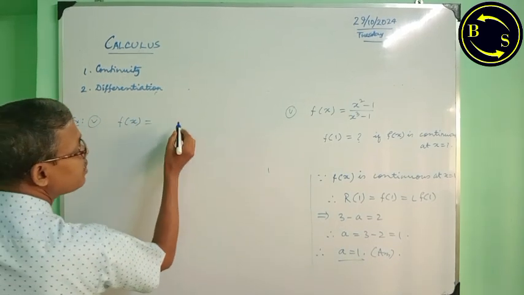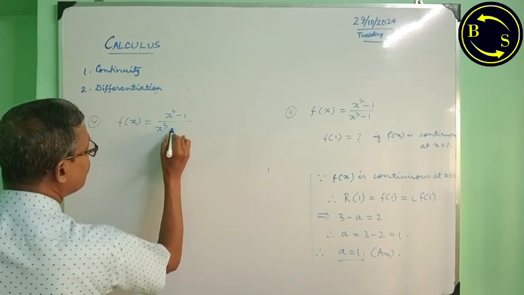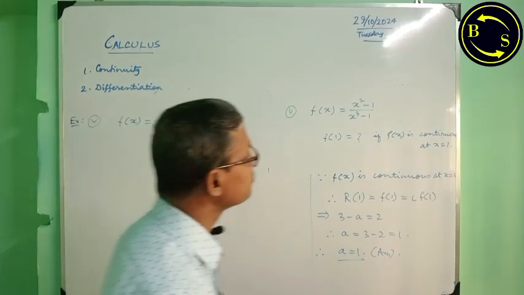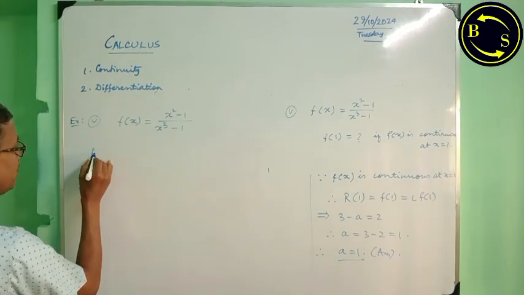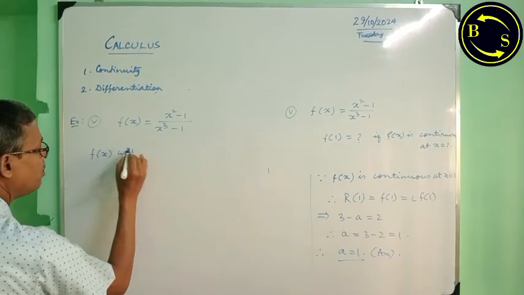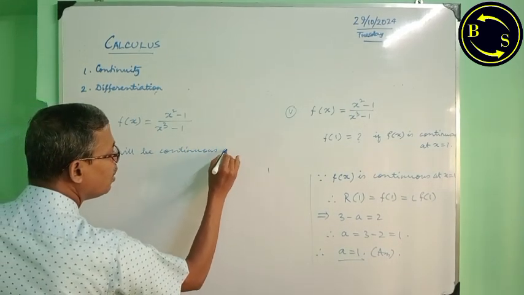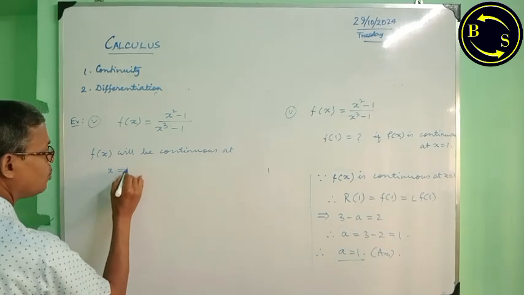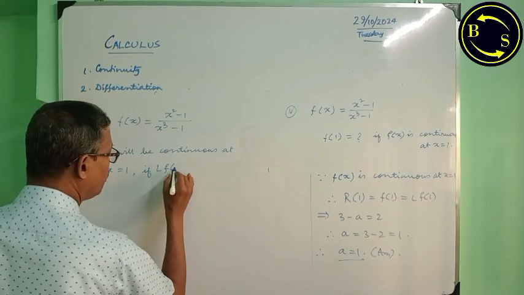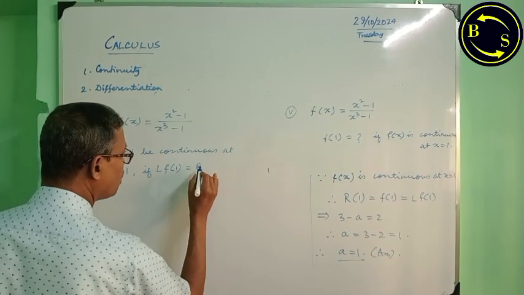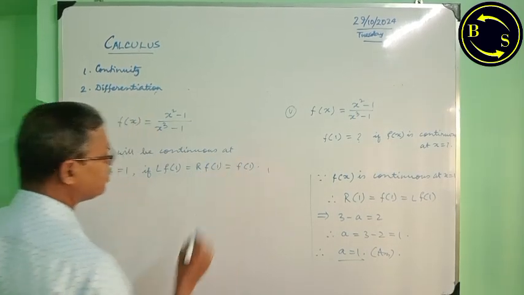The function f(x) will be continuous at x equal to 1 if Lf(1) is equal to Rf(1) is equal to f(1).